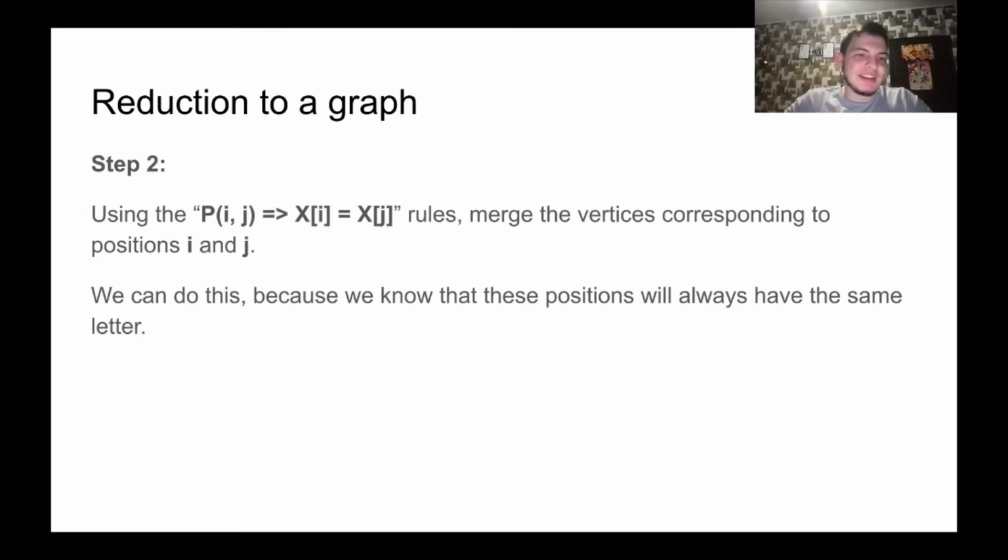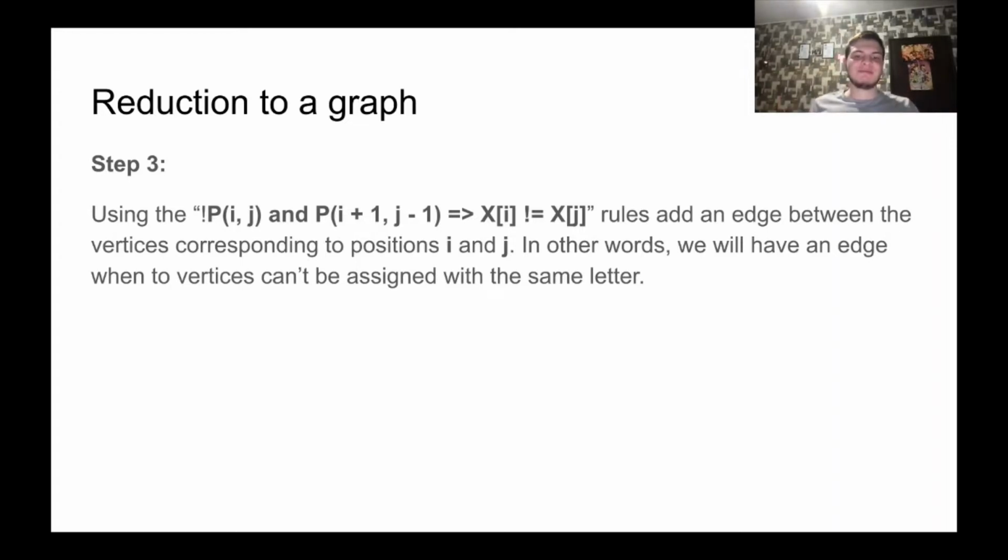And now what about the other edges? Well, if we actually have a rule that's for non-palindromes, or in a way if we know that two characters won't be equal, we'll actually add an edge between these vertices. We'll find the corresponding vertex to i and the corresponding vertex to j. This will be after we have already merged all equal vertices.